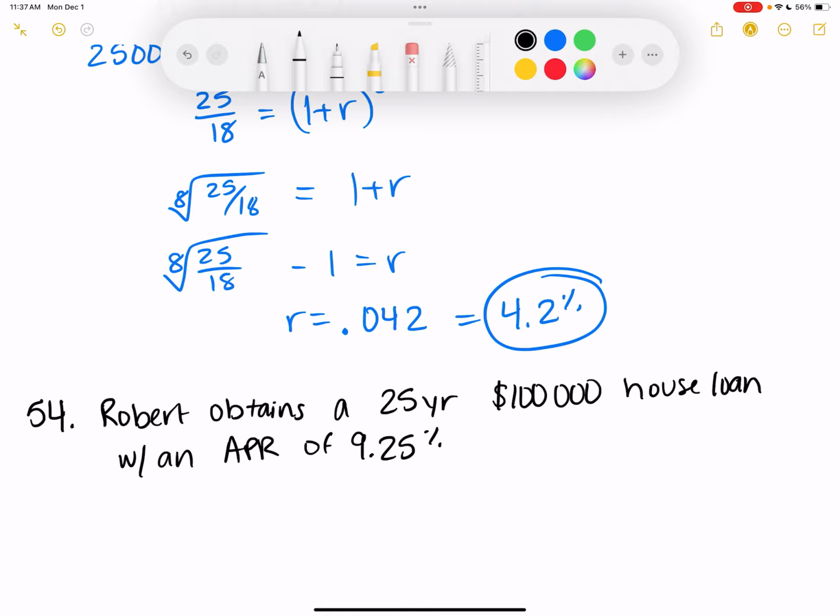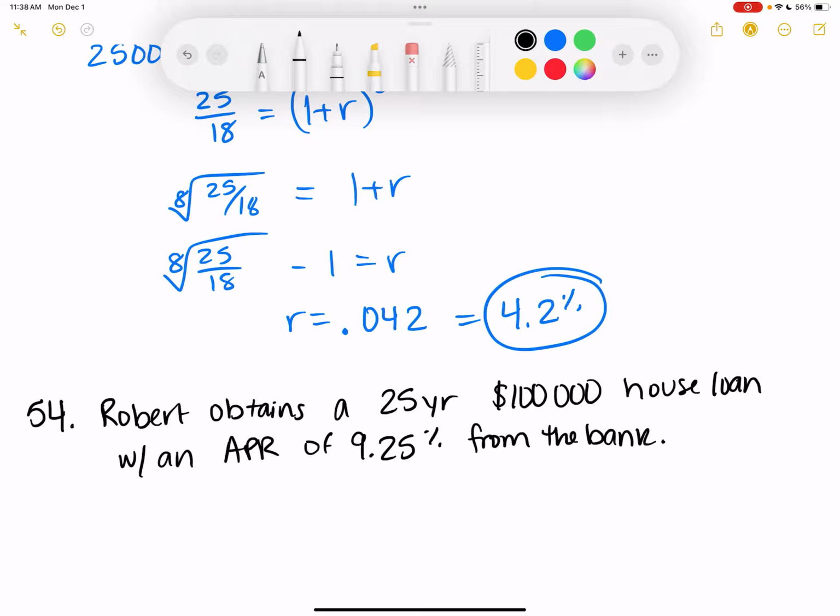Mine's like 5.7, and I think mine is ridiculous. I don't know what that means. The rate that you have to pay, like they're loaning you $1,000 or $100,000, but you're paying that plus this much interest. It's very annoying to borrow their money.